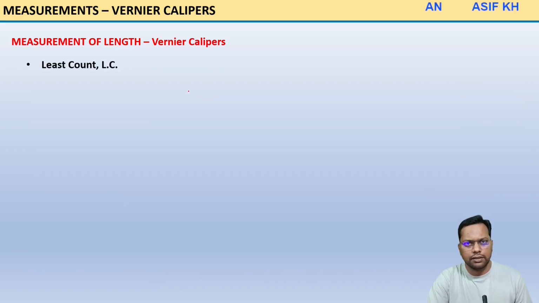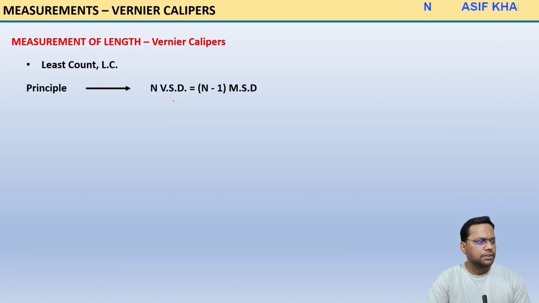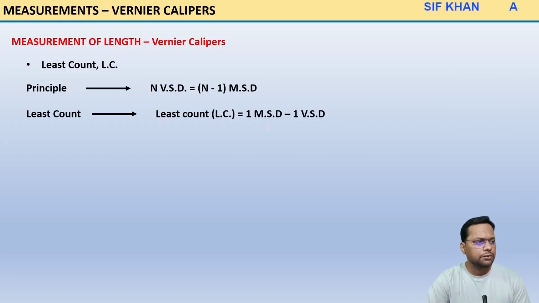Now we find out the least count expression in simplified form. For that we take the principle of the Vernier calipers. The principle is n Vernier scale divisions is equal to n minus 1 main scale divisions, and also we take the least count formula equal to 1 main scale division minus 1 Vernier scale division.